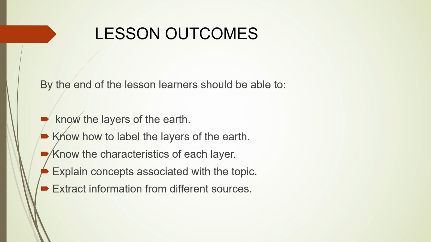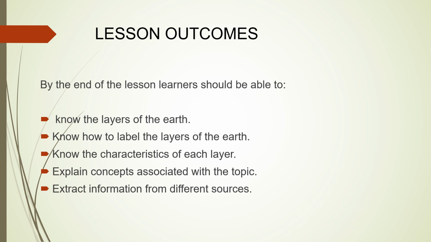So learners, in every topic that we learn in geography, we have goals to achieve and the aim to reach. So now, after this lesson, you should be able to know the layers of the earth. That's our number one lesson outcome. The second one, you should know how to label the layers of the earth.